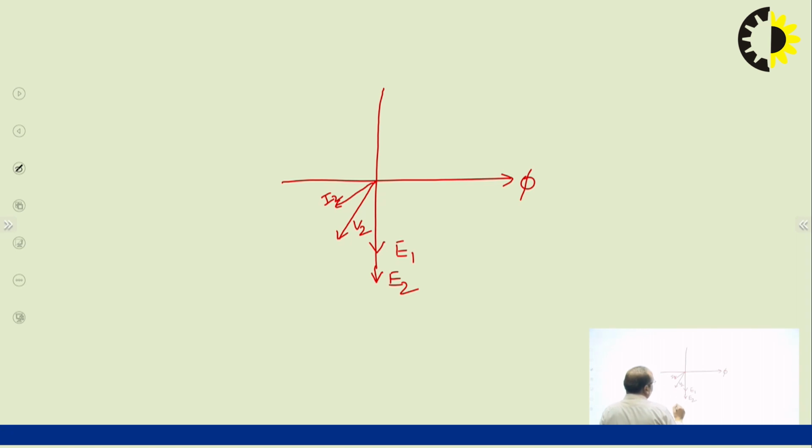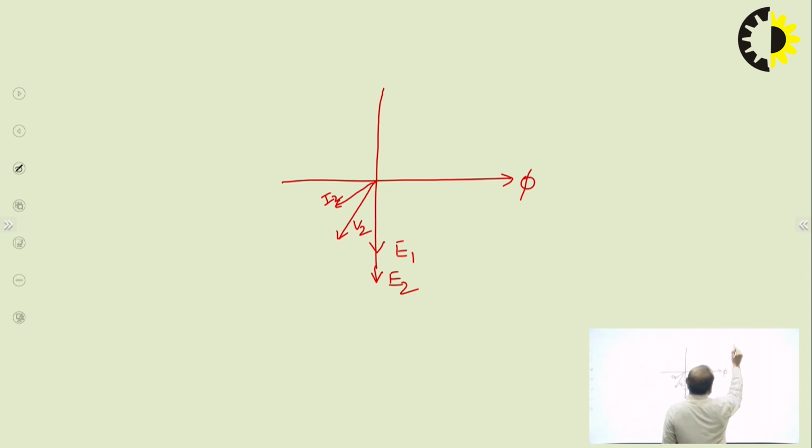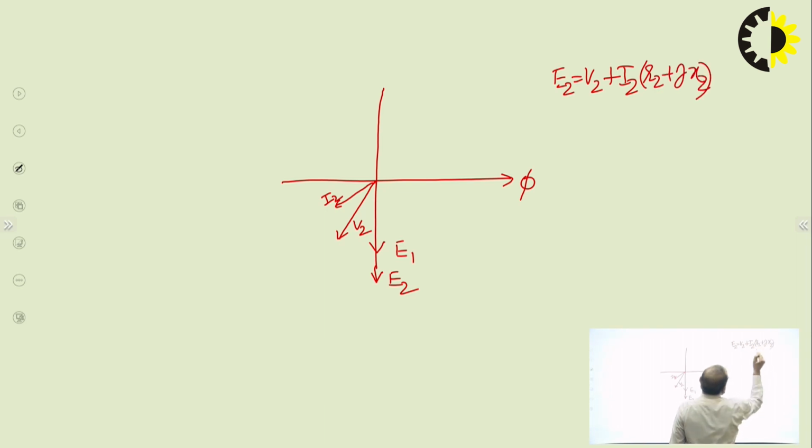Now the secondary side voltage equation will be given by E2 equals V2 plus I2 into R2 plus jX2, where V2 is the load voltage or terminal voltage of the secondary of the transformer, E2 is the induced EMF in the secondary, I2 R2 is the secondary winding resistance voltage drop, I2 X2 is the secondary winding leakage reactance voltage drop, and the phasor sum of all these will be E2.